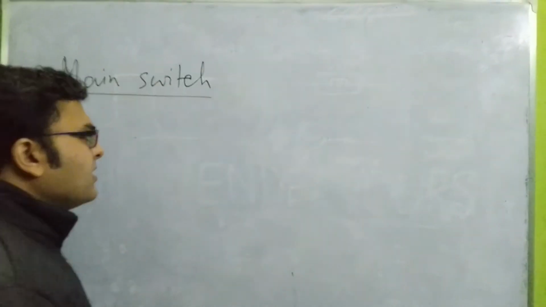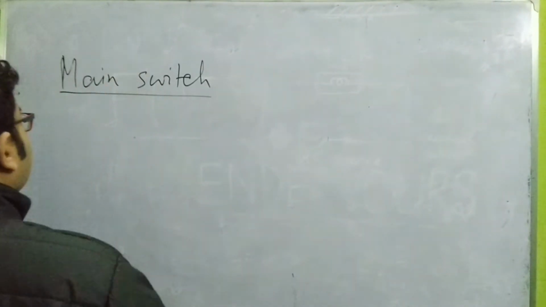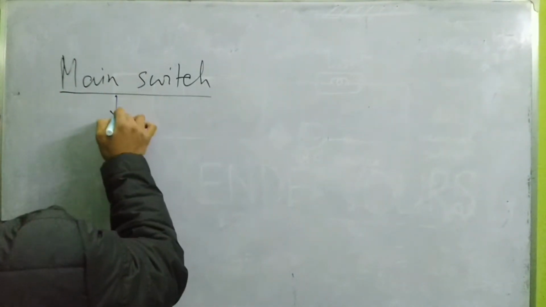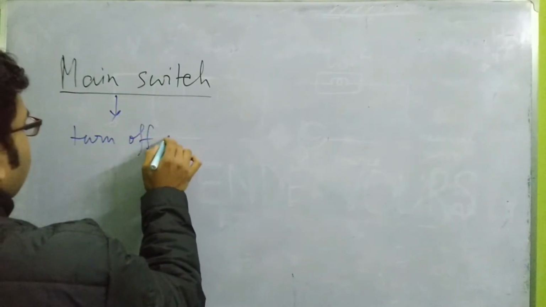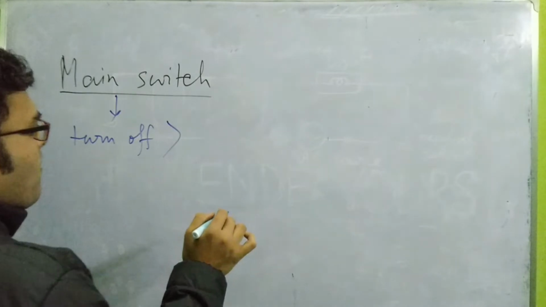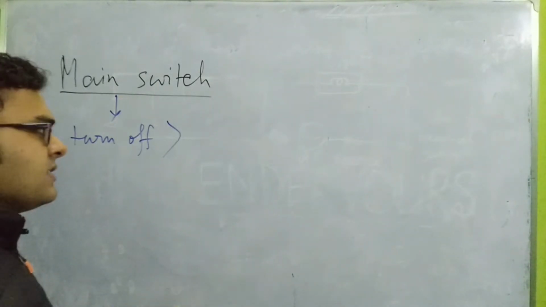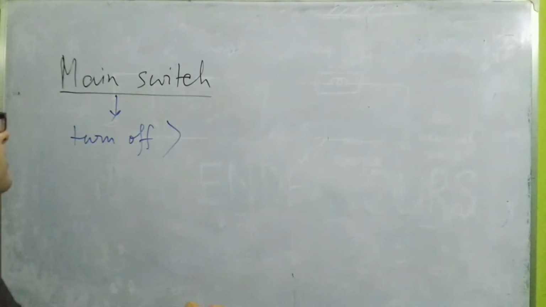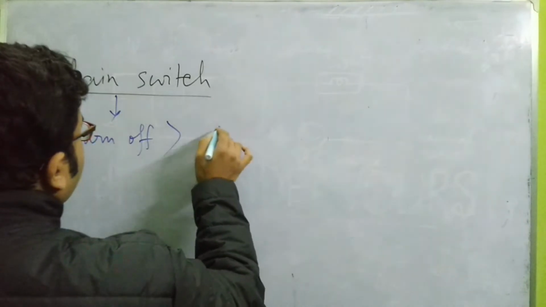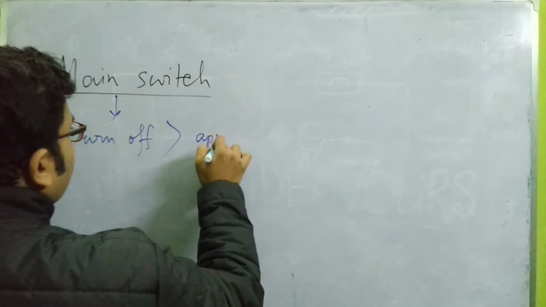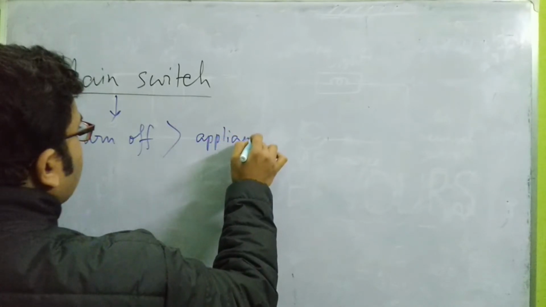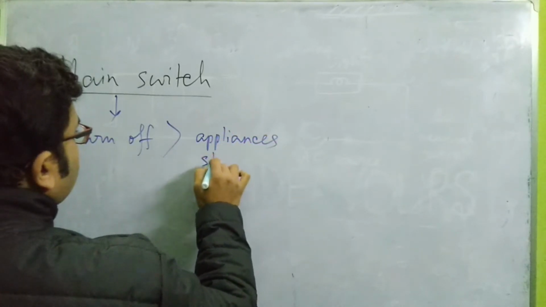So if you want, you can just turn the main switch off. If you turn off the main switch, what happens? The power to the entire house or the total circuits are turned off. So the light, all the appliances in your home stop working if you turn off the main switch.